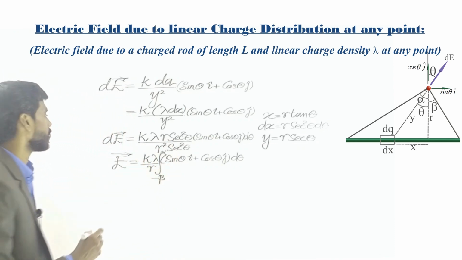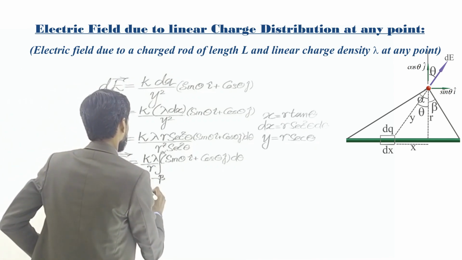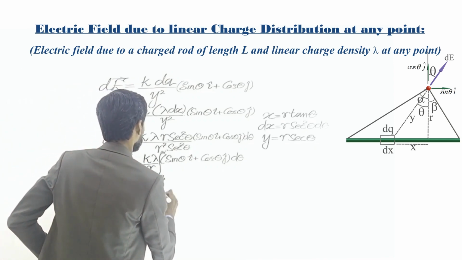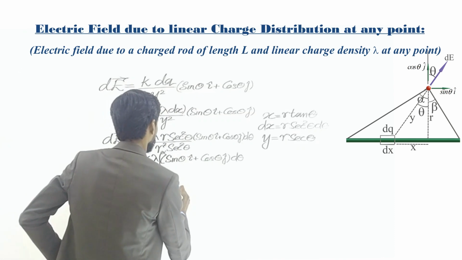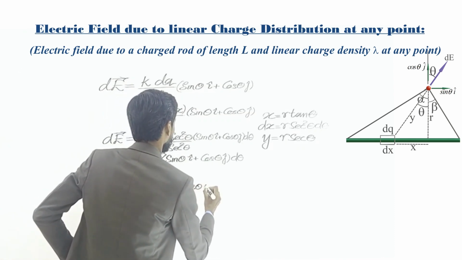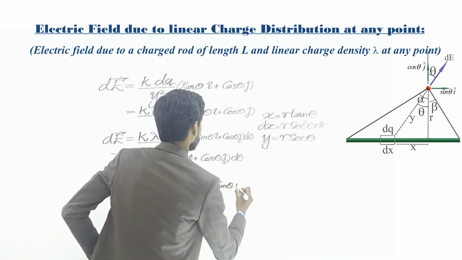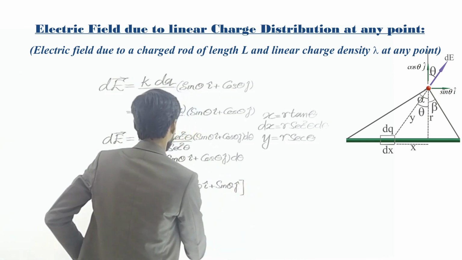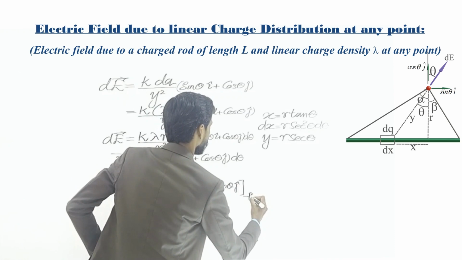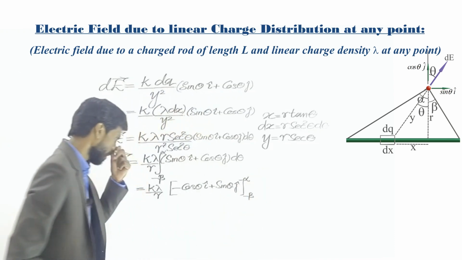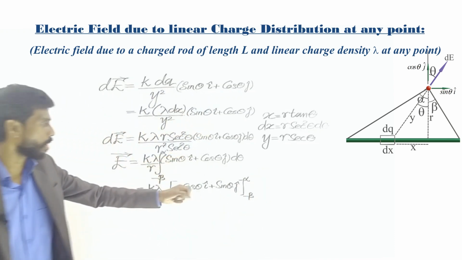So shall we do this integration here? It is k lambda divided by r. The integration of sin theta is minus cos theta i cap, and of cos theta it is sin theta j cap, with limits minus beta to alpha. Simple substitution of the upper and lower limits.